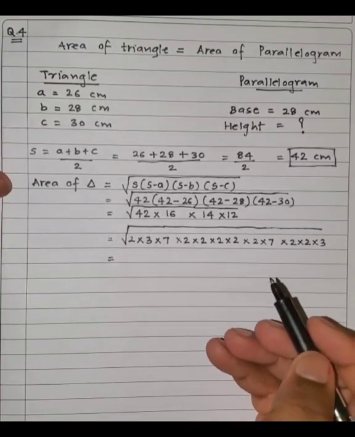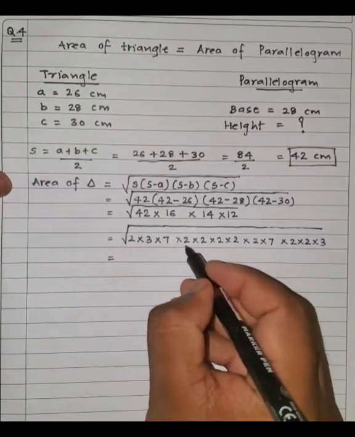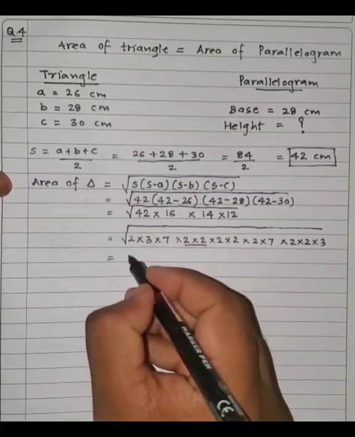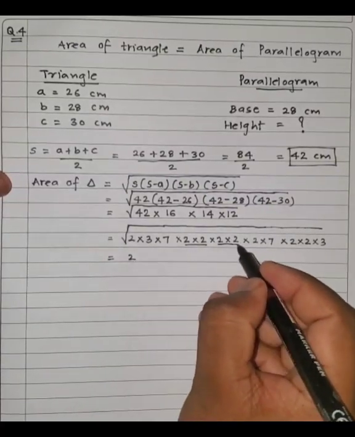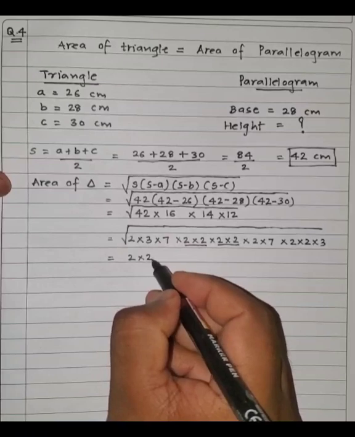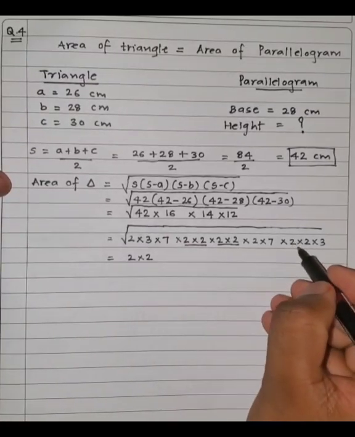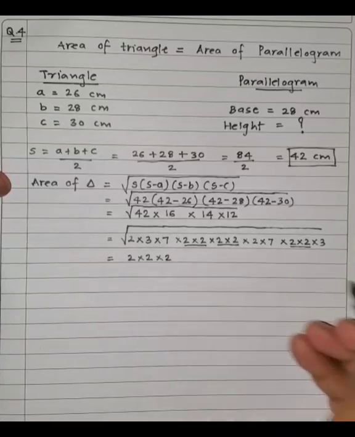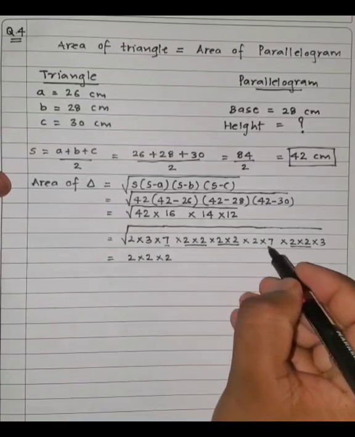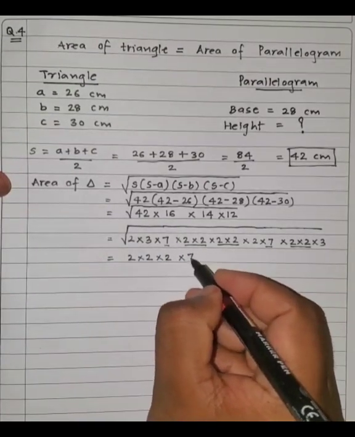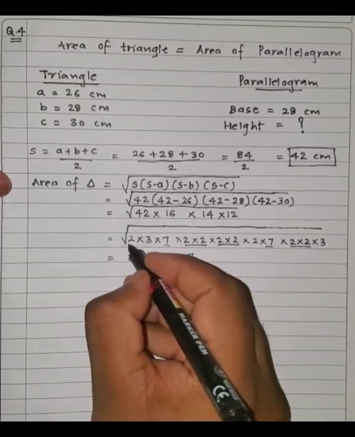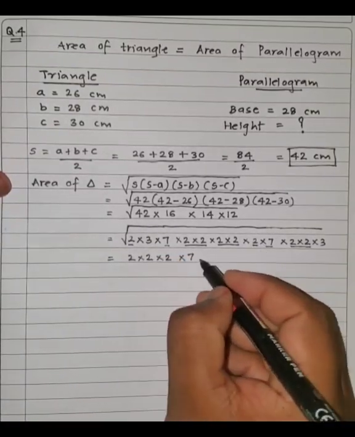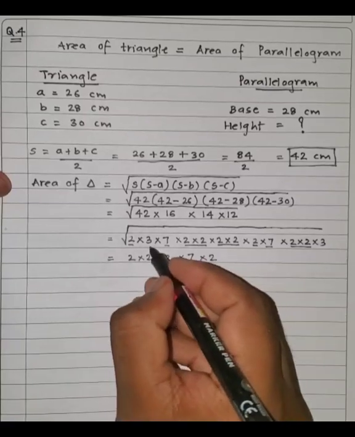The next step is to make pairs. So, let's start from here. 2 is one of the numbers. This 2 also makes a pair, so one 2 comes out. One more 2 makes a pair, so one more 2 comes out. 7 makes a pair, so one 7 comes out. Here, this 2 makes a pair, so 2 comes out.